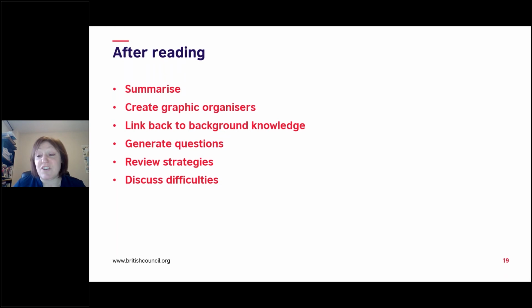Then review the strategies you've used and discuss some of those difficulties. But again, background knowledge is vitally important, and graphic organizers, in terms of visualizing with a simple chart, lines, etc., either how the text was structured, where the information was, how it's related, are quite an important element for teachers to help students process text.